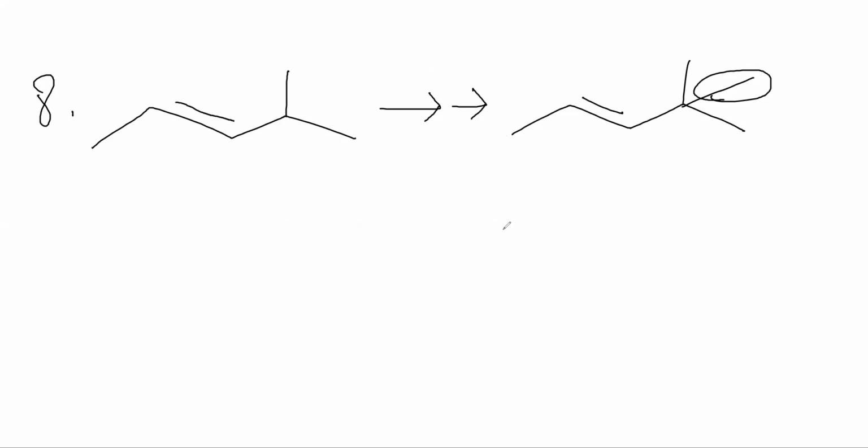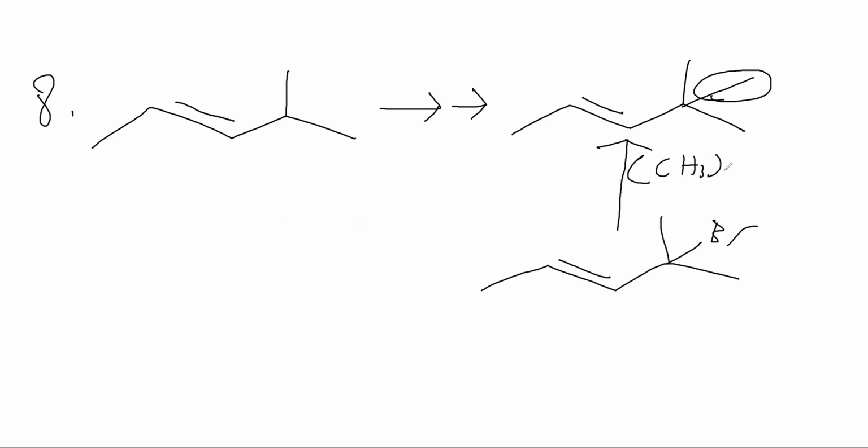And when you do synthesis problems, you should generally work backwards. But an immediate precursor to that guy would be something with a halogen on that spot where the carbon bond is formed. And we're adding a methyl group there, so it's gonna be like a CH3. There's 2 of them.